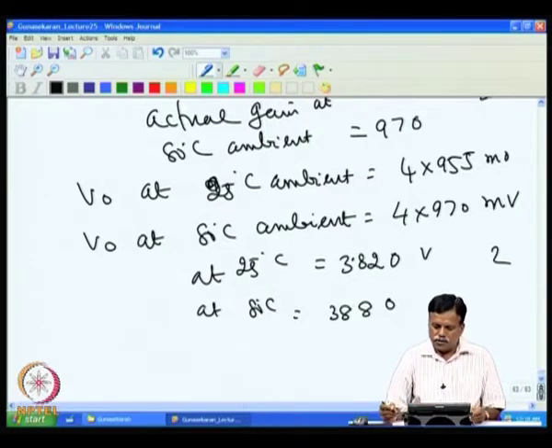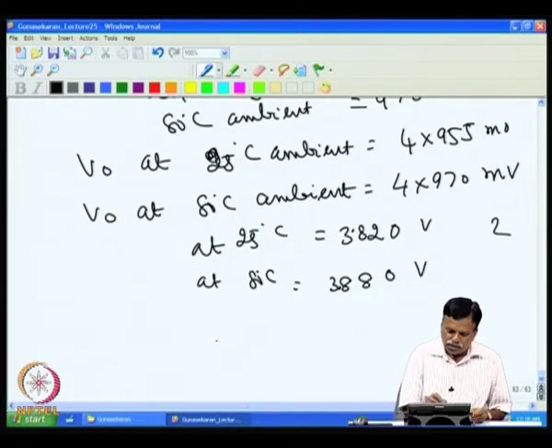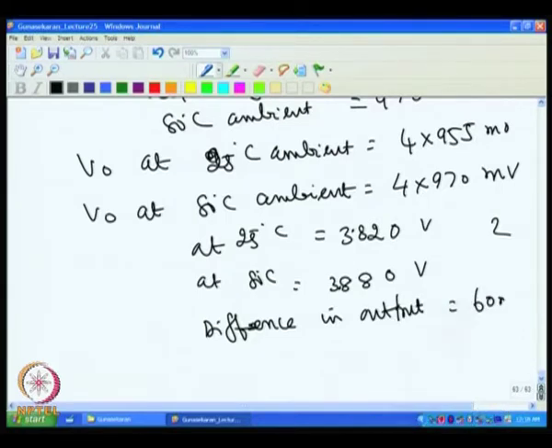At 80 degree C, it turns out you have 3.8 volts. So, we see the difference in output is equal to 60 millivolt, because this is 3.820, this is 3.8 volt.